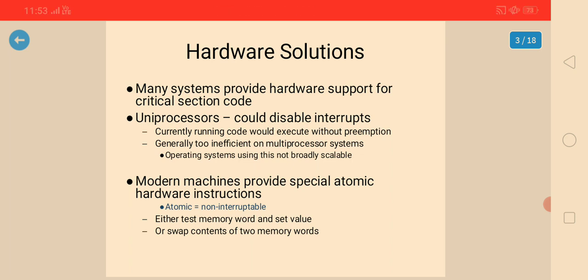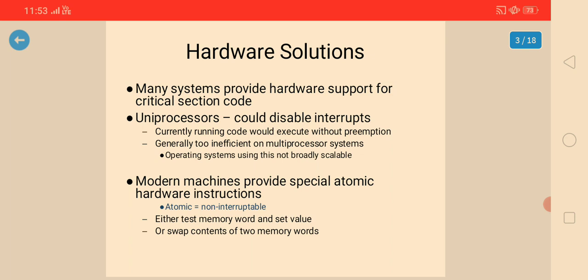Many systems provide hardware support for critical section code. Uniprocessors could disable the interrupts.